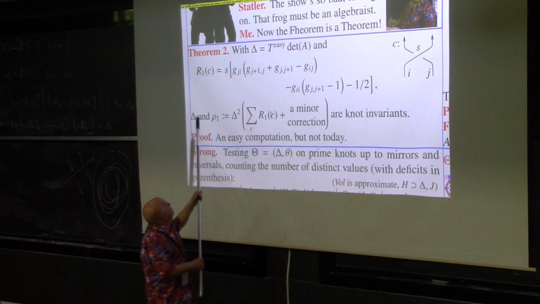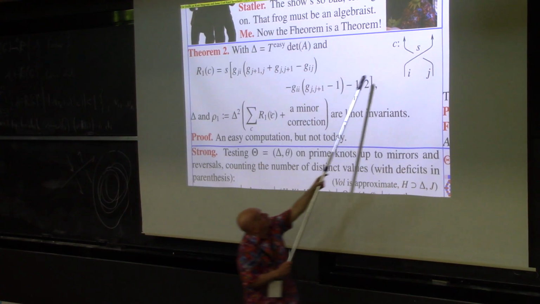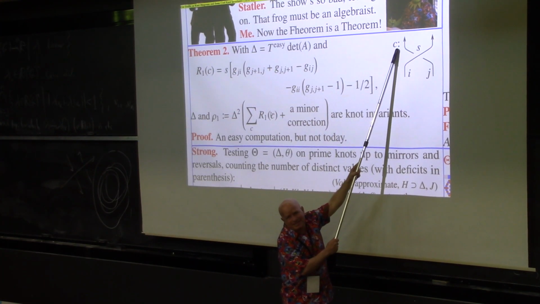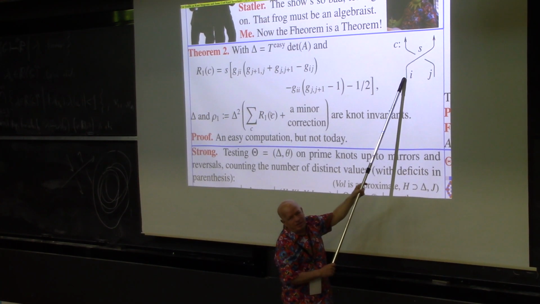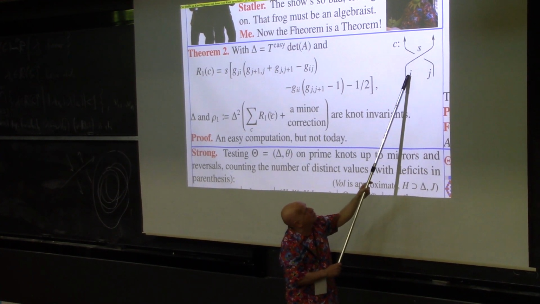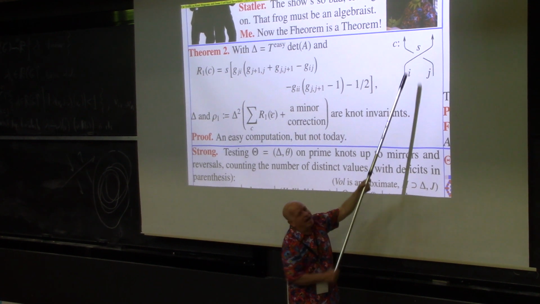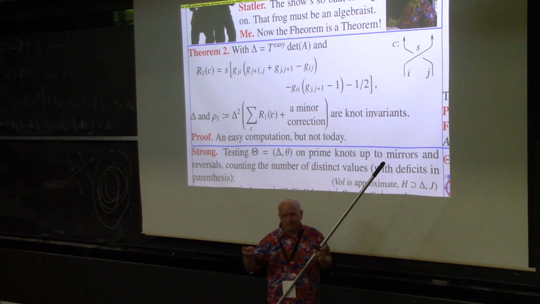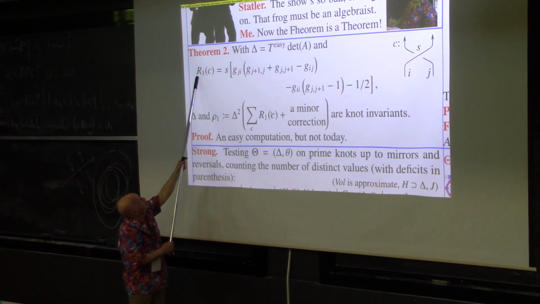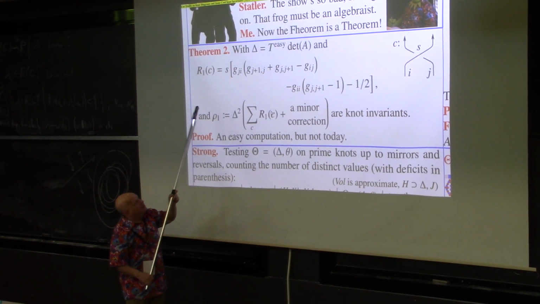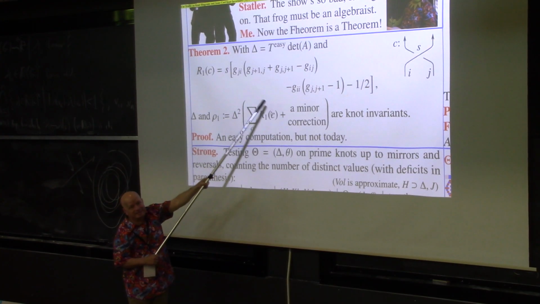Then, here is a function of crossing. A crossing is determined by the incoming upper edge, the incoming lower edge, call them i and j, and by a sign which can be plus or minus. So I define a function of crossings, let's call it R1 of C, and the function is this horrible mess.